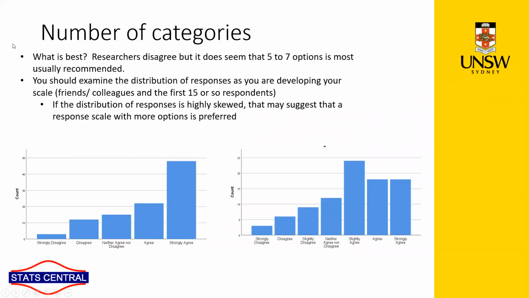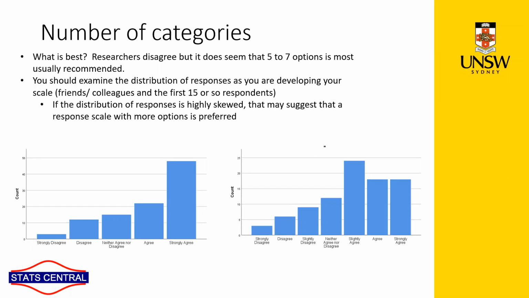Okay, so what other things can you use to help decide the number of categories you present for these items? Well, first of all, researchers disagree themselves on what's best. You can find lots of different studies talking about the optimal number of categories, and there isn't one that is best, but usually 5 to 7 options is recommended because they allow good variability, and that variability is needed for statistics that help you assess the reliability and validity of your scale.